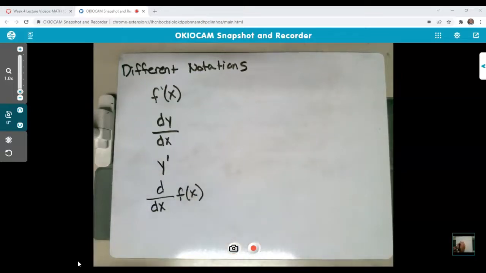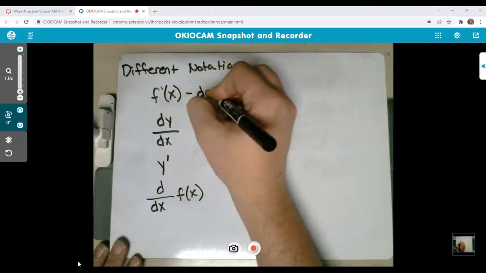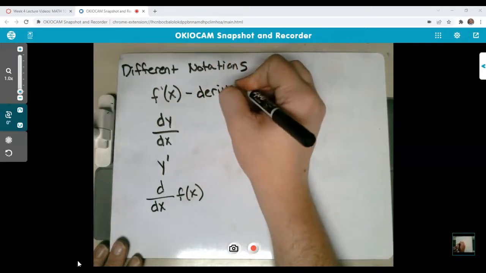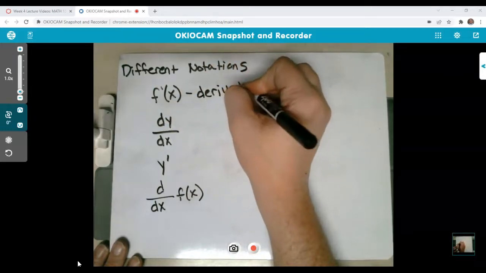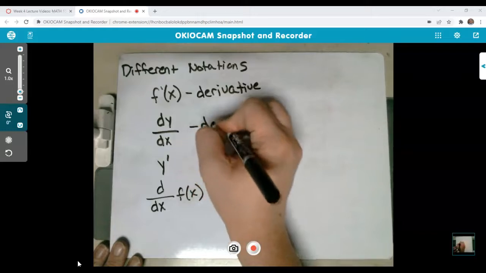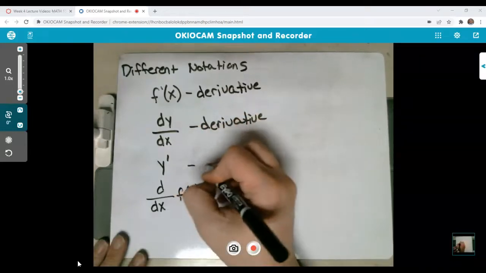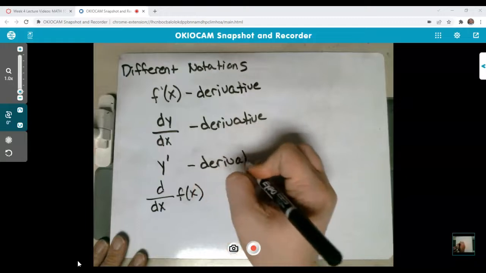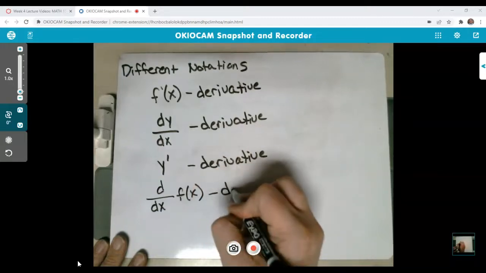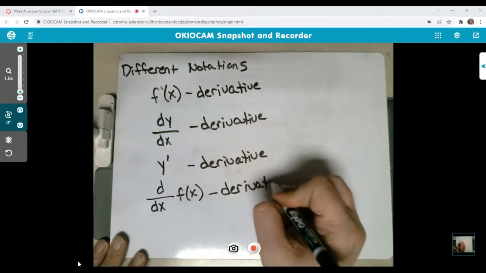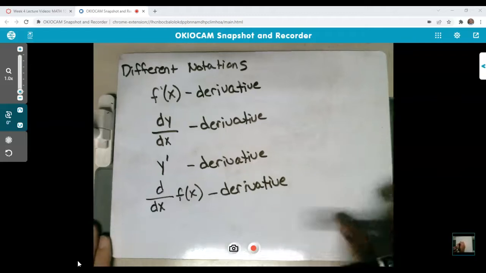All of this means the same thing. All of these mean take the derivative. That's what all of these mean. It's just another way to write the same thing. So let's do an example where they use a different notation, but they're asking for the same thing.